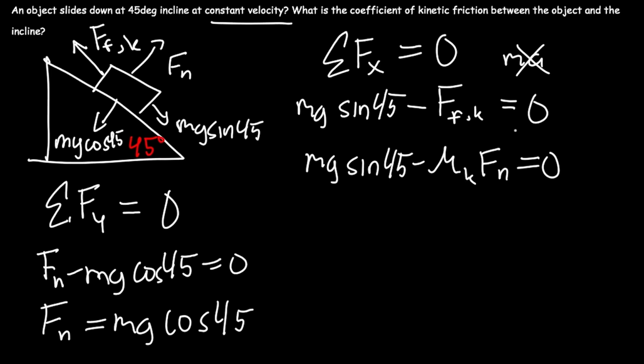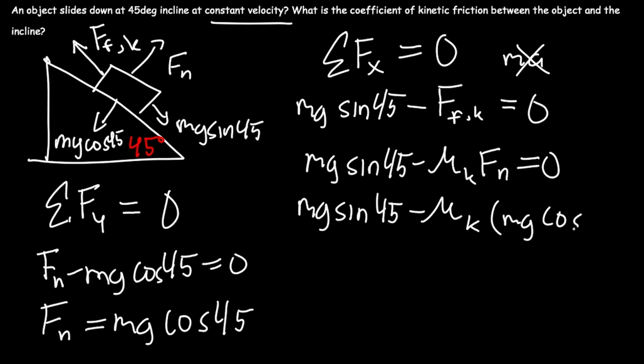Now, we can again expand this formula. Sabi natin that Fn is equal to mg cos 45. So we can replace Fn as mg cos 45. So mg sine 45 minus mu sub k times mg cos 45 is equal to 0.